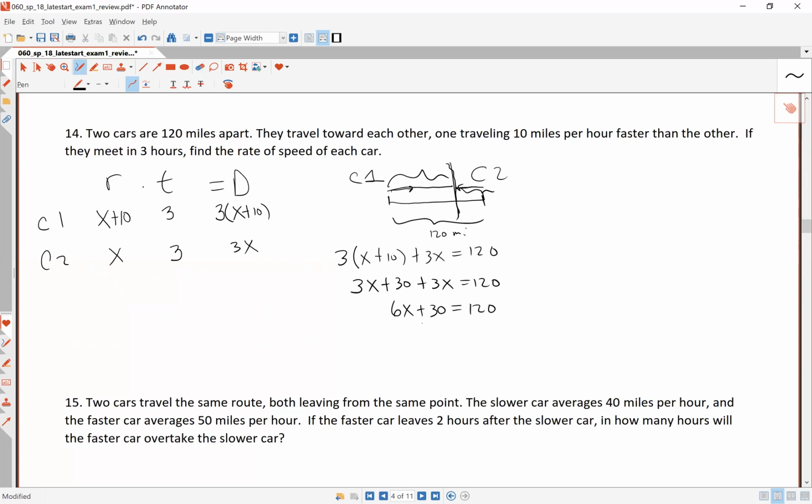The right side is 120. When we solve that, we subtract 30, and we get 90, or 6x equals 90. When we divide by 6, we get x is equal to 15. So car 2 is 15 miles an hour, and car 1 is 10 miles an hour faster than that, so 25 miles per hour.